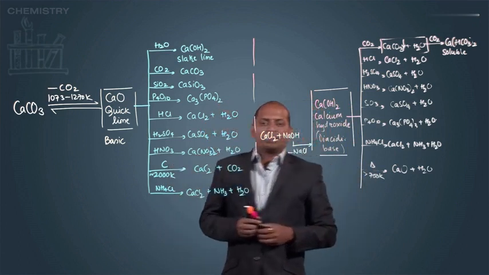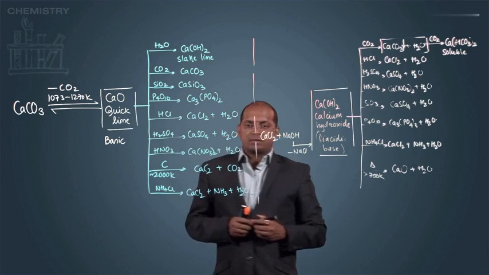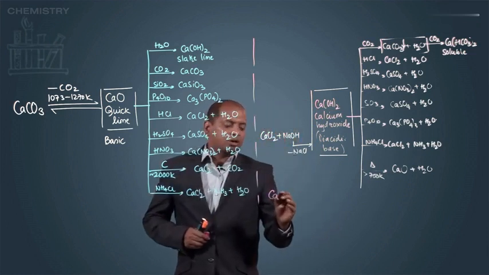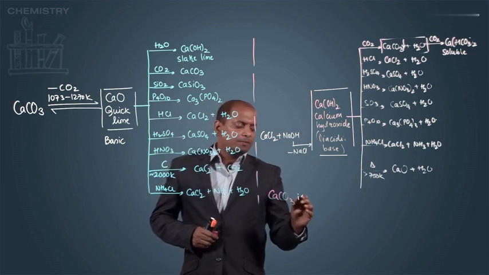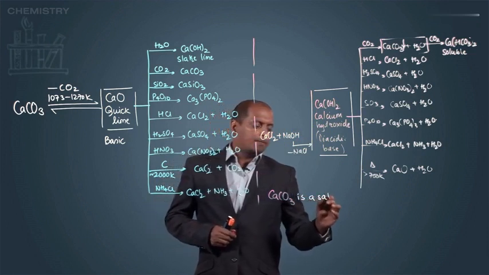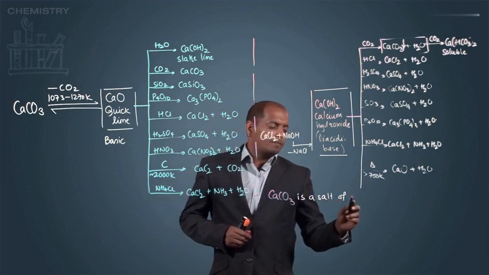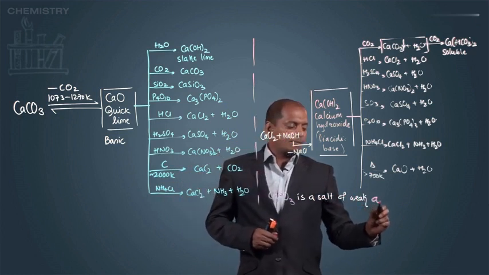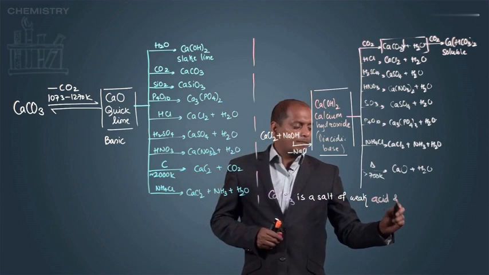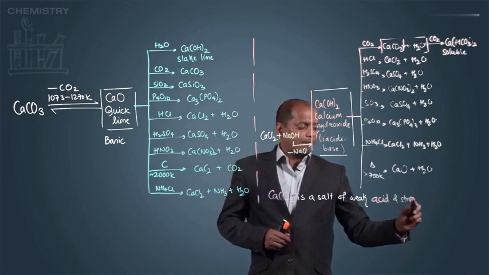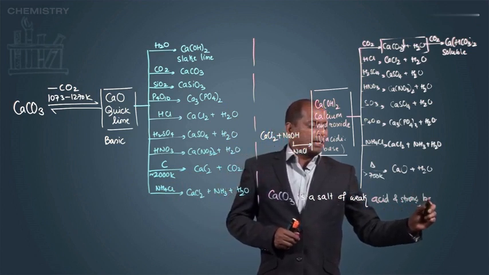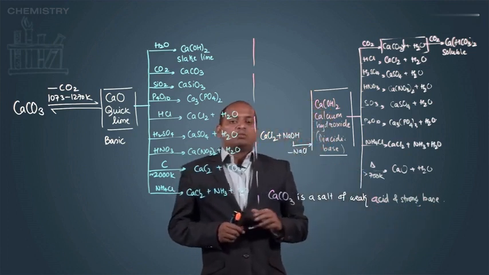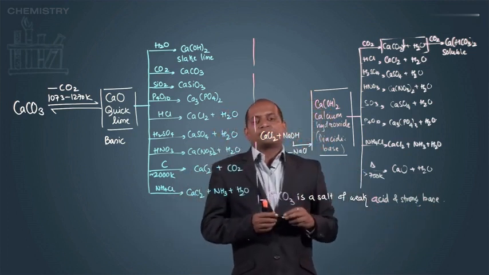It is a salt of a weak acid and a strong base. Calcium carbonate is a salt of a weak acid and a strong base. And because of this, it shows almost all properties of calcium hydroxide.